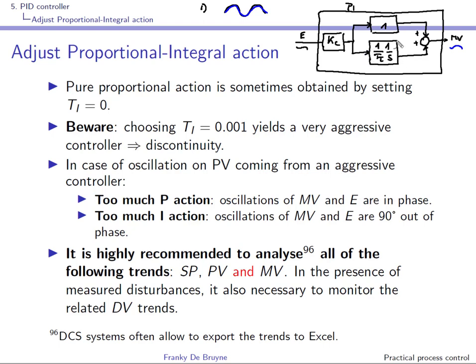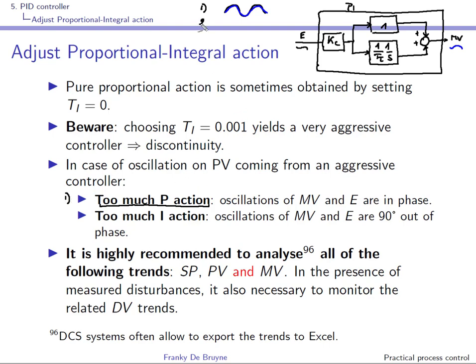If this comes as a surprise, you should go back in the course and look at integrating systems. Whereas a gain, of course, is not going to introduce a phase shift. So here clearly you're in this situation, too much proportional action. And we might as well put a 1 over here.